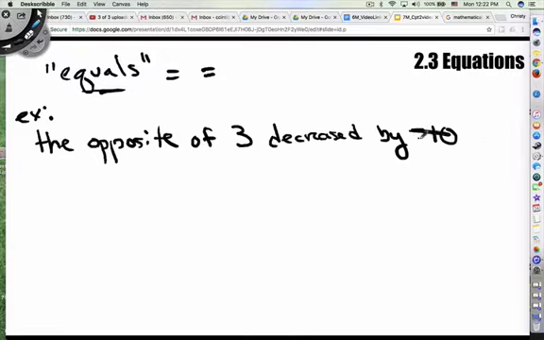Oh, I should have written that up, sorry. Okay, so that is the equation. That's the word equation.